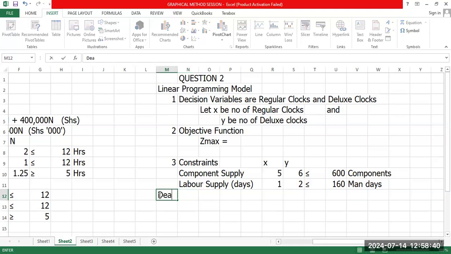Departmental capacity. Just what you do is to show here is just to ease your life.